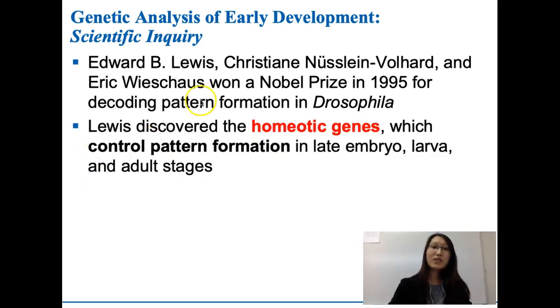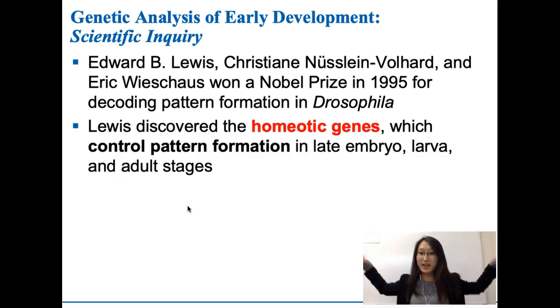And Lewis right here discovered something called the homeotic genes. The homeotic genes control pattern formation in the late embryo, larva, and adult stage, right? So these homeotic genes tell a fruit fly, let's say I'm a fruit fly and I fly.